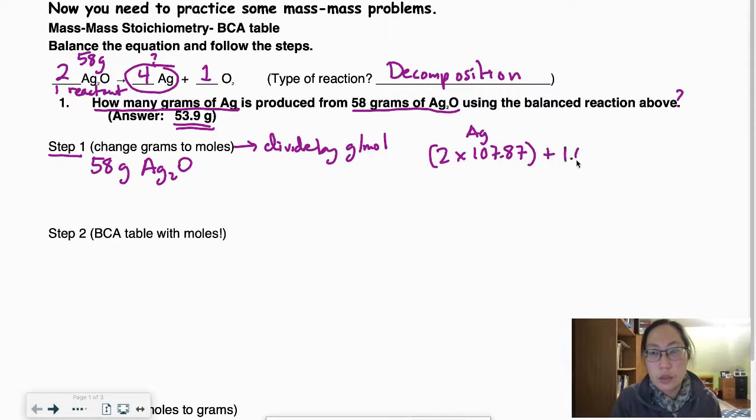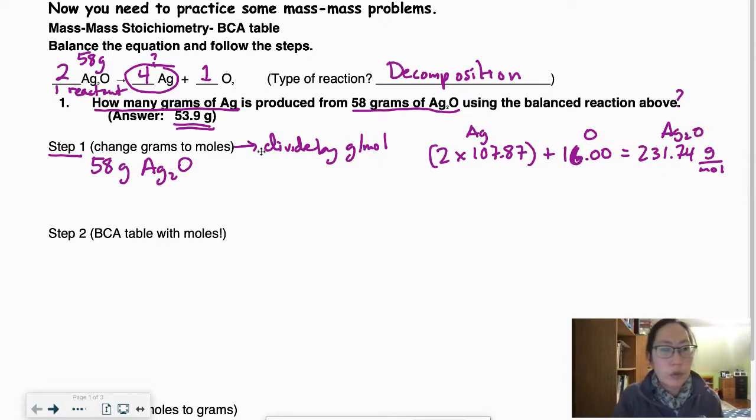Oxygen is 16.00. And so then I can just take my calculator and plug those numbers in and add them up. And I get a total of 231.74 grams per mole. Okay, that's for my Ag2O.